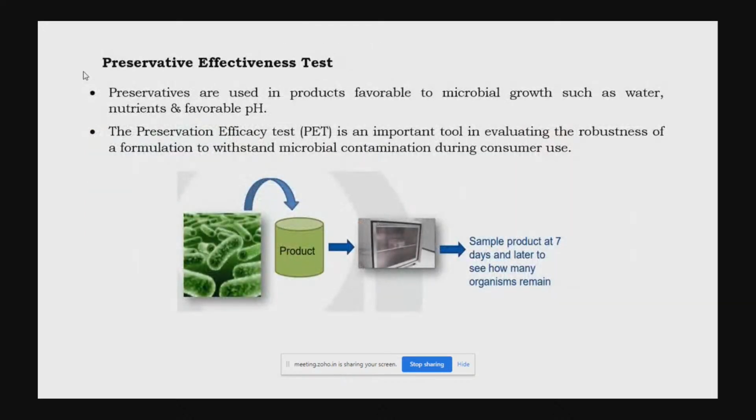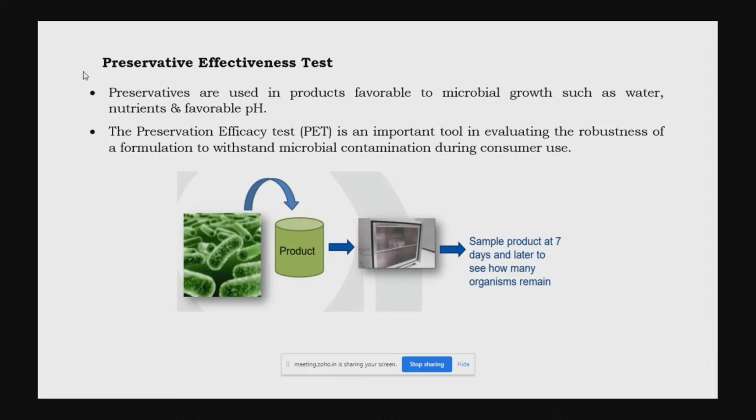After that, another test we perform in the pharmaceutical industries is the preservative efficacy test. What is the preservative efficacy test? It applies to multi-dose vials. Multi-dose means, for example, there is one big vial, like 50 ml or 100 ml, and from a single vial we do the dosing multiple times, over up to a month or 2 months.